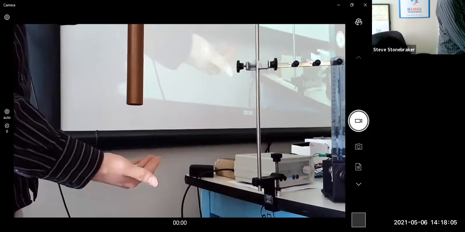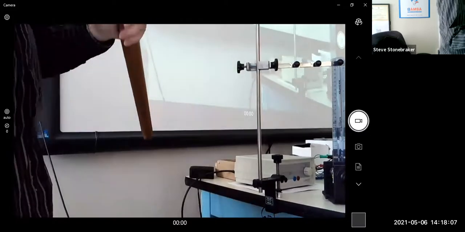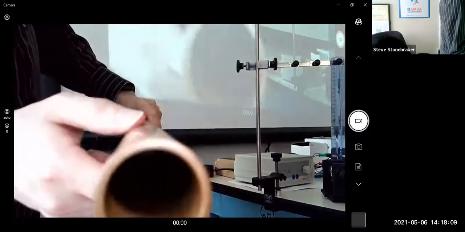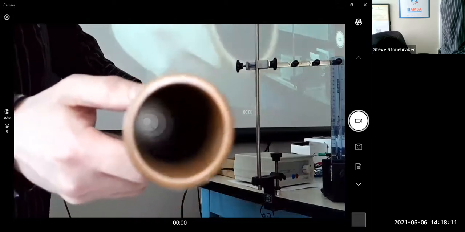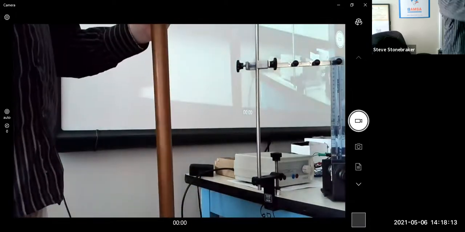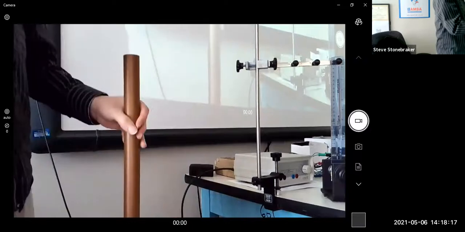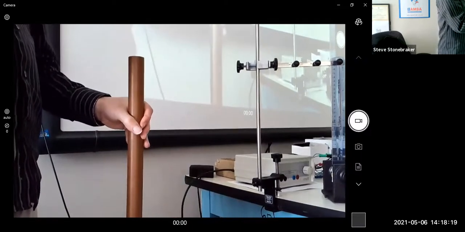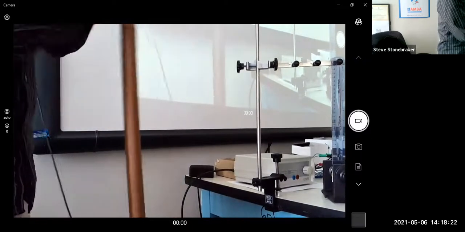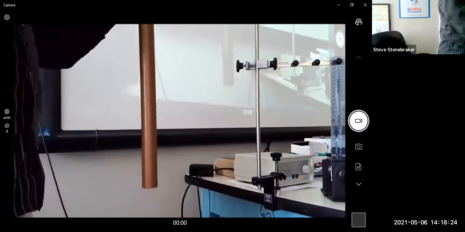There it is. Wow. Now there's nothing in here, it's just a hollow pipe. Just a copper pipe. But to get it back into view.